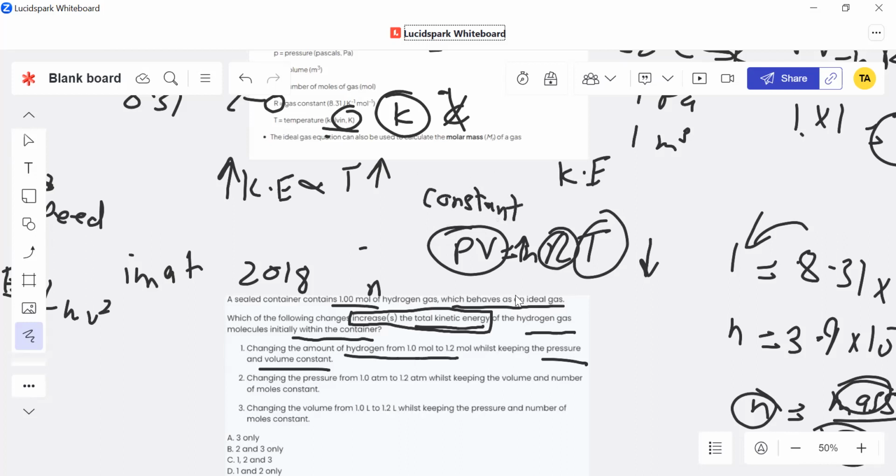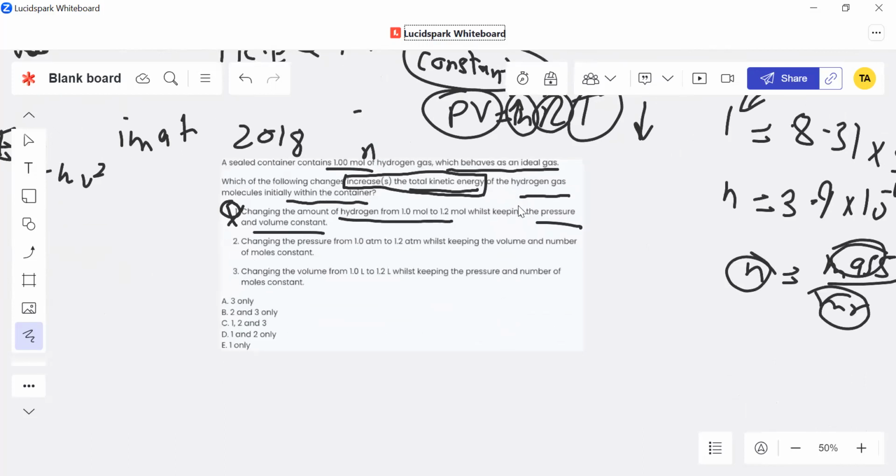You want to keep this constant. So if I increase the number of moles, I would have to decrease my temperature so that the pressure and volume remain constant. So the temperature in one is decreasing. If the temperature is decreasing, kinetic energy is also decreasing. But I don't want that. I want my kinetic energy to increase. So one is wrong because in one, kinetic energy is decreasing and not increasing.